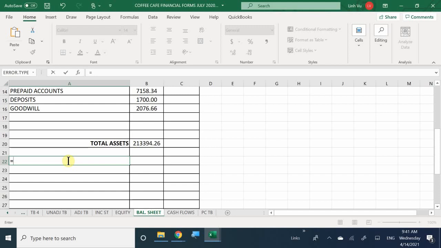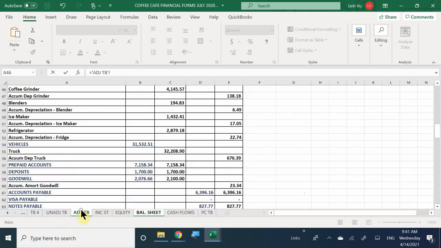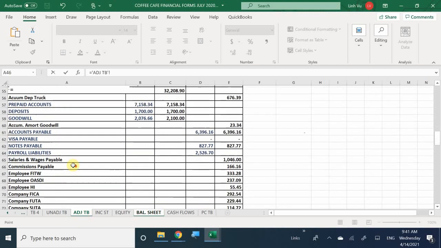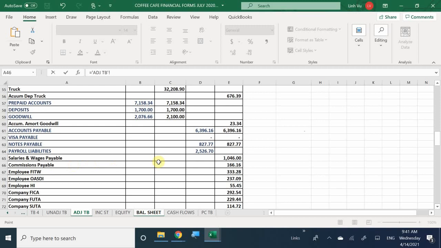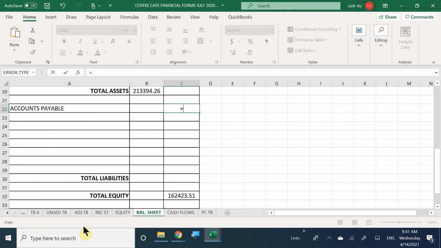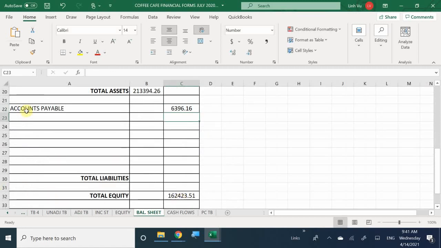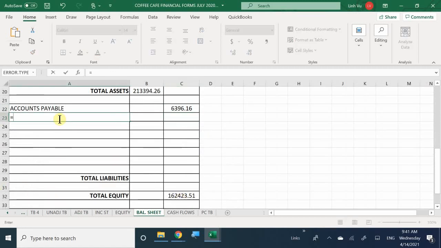Okay. So let's compute our final section, which is our total liabilities. So what was my first liability? Payable. Okay. And how much is it outstanding right now? It's 360. What's my next liability?